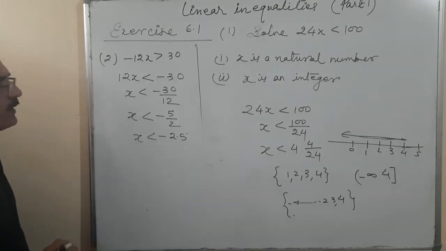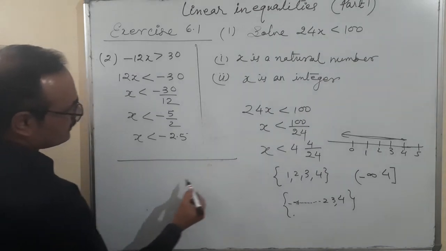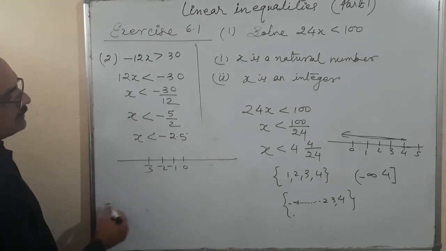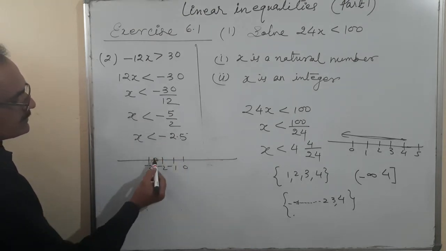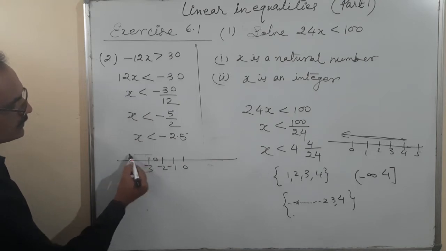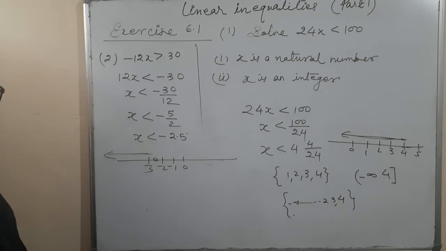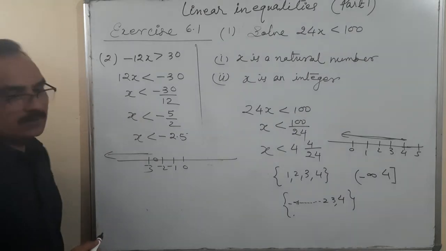Am I right? Now the value of x is less than minus 2.5. On the number line: 0, minus 1, minus 2, minus 3. Minus 2.5 is here, so the value of x is less than this. Less than means going to the left, this side.